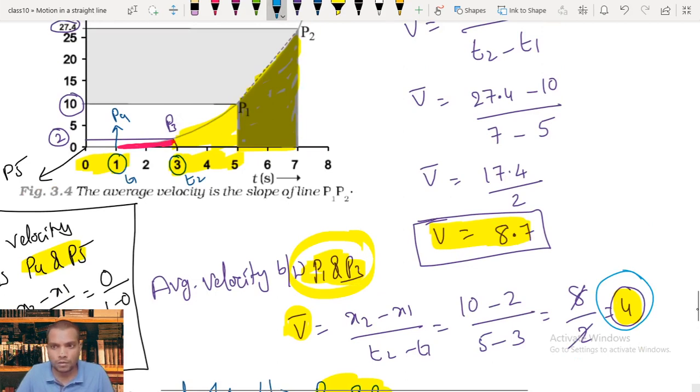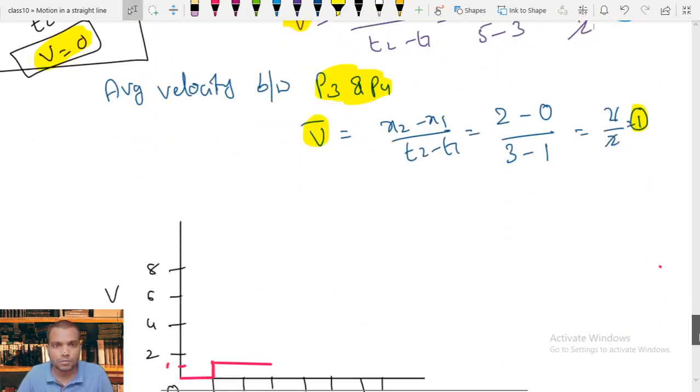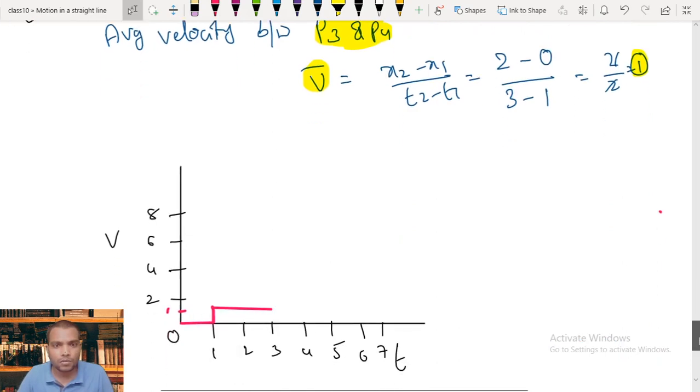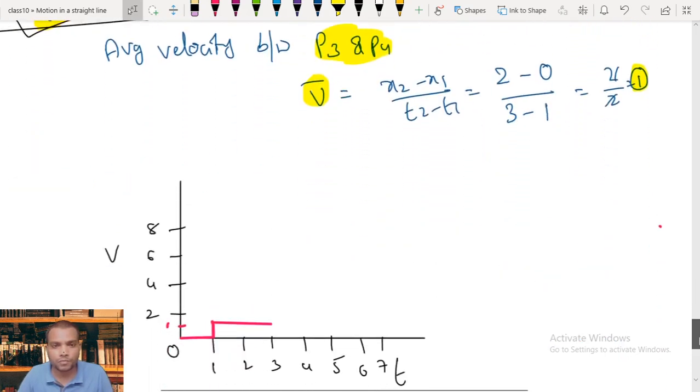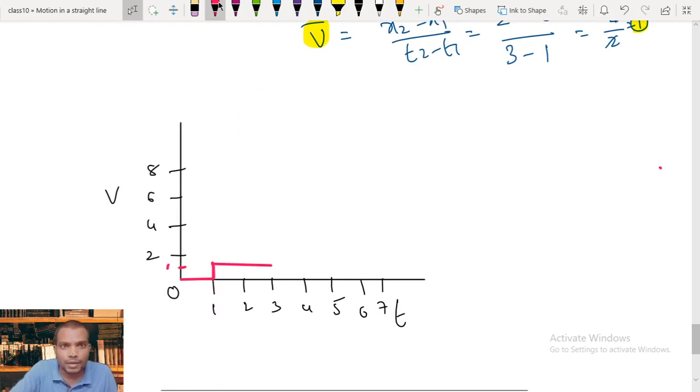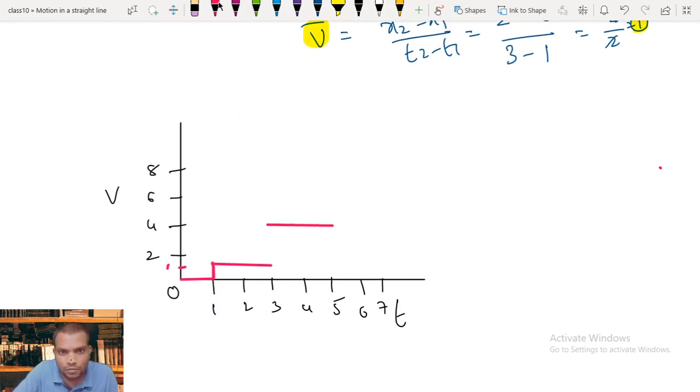So now I need to plot the graph between 3 to 5, the value is 4. I'll take again a straight line, exactly at 4, from 3 to 5. Now these vertical lines also I need to add.